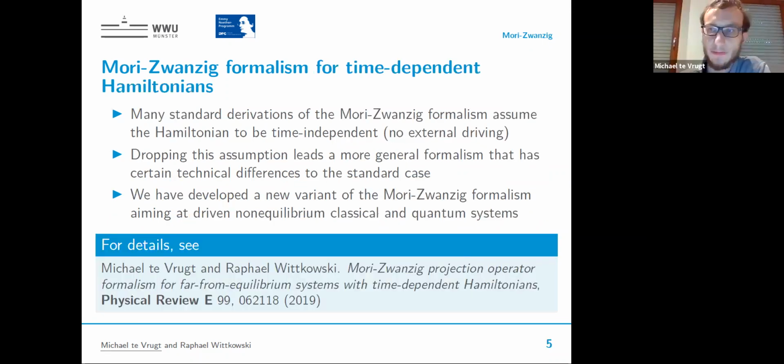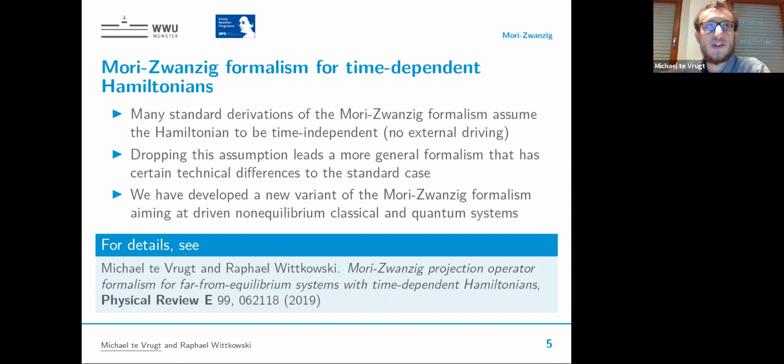Yeah, so standard derivations typically assume that the Hamiltonian is not time dependent, or more importantly, that the Liouville operator is not time dependent. And if you have a system that is driven by a time-dependent external potential, then the formalism has to be adapted. So some operator identities that are used in the derivation change a little bit.